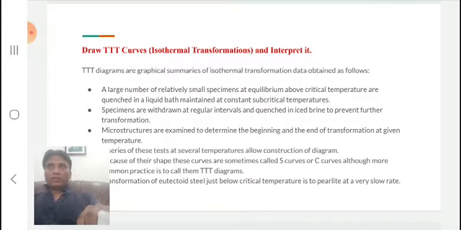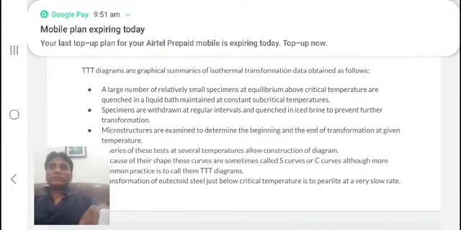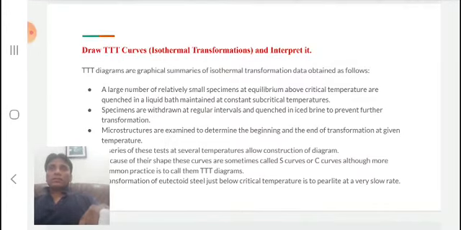With different cooling rates I can construct the TTT curves. The microstructures are examined after each and every specimen, and based on the microstructure we can understand how the cooling rate is to be balanced or adjusted.